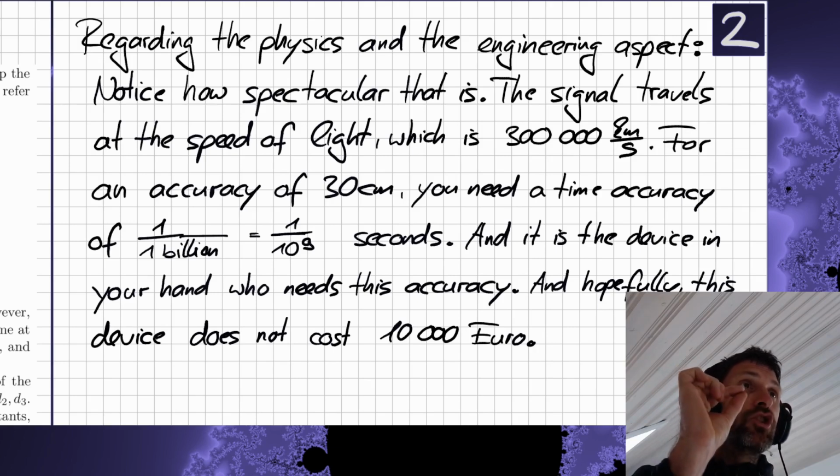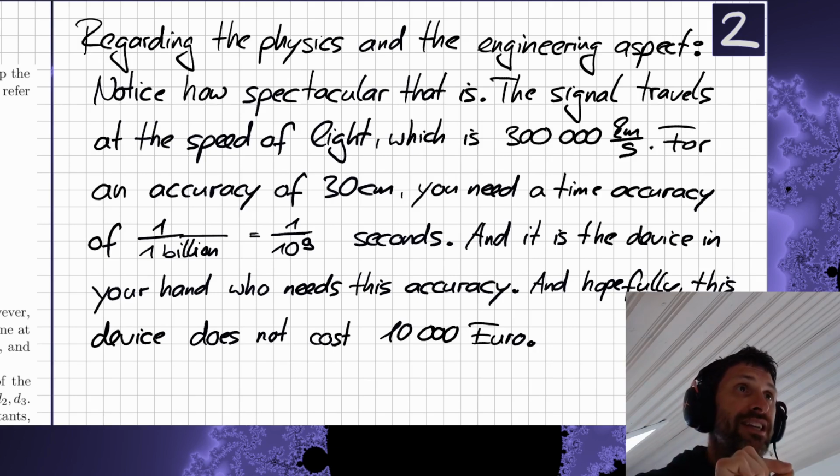If I did not know that GPS works, I would never guess that it can work, because the most critical thing in my view is stopping the time when we receive the signal. And the signal travels with light speed.